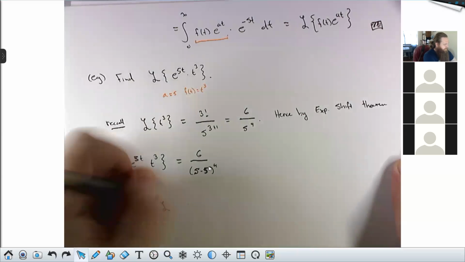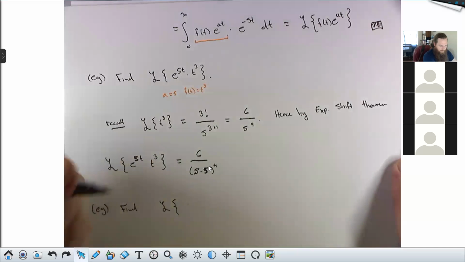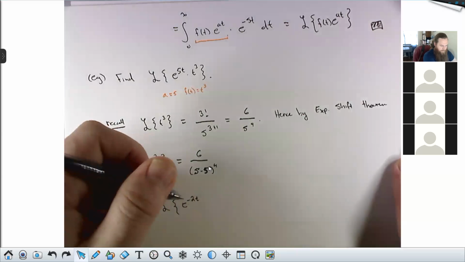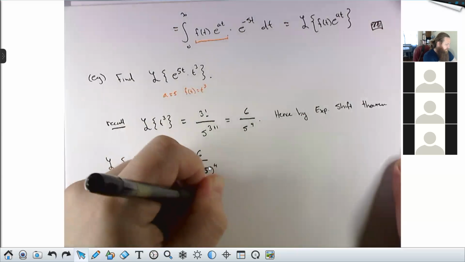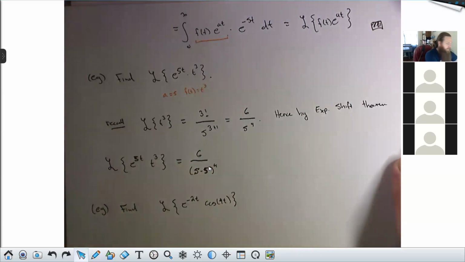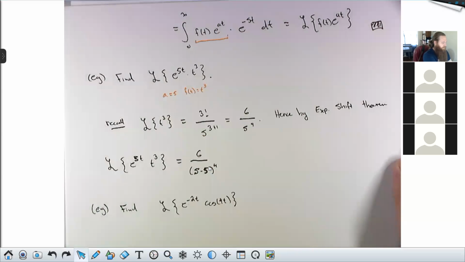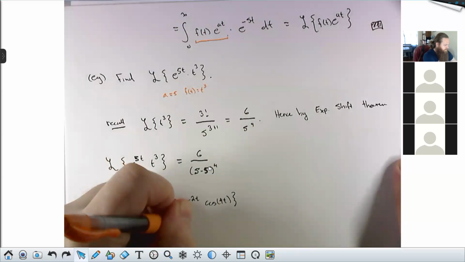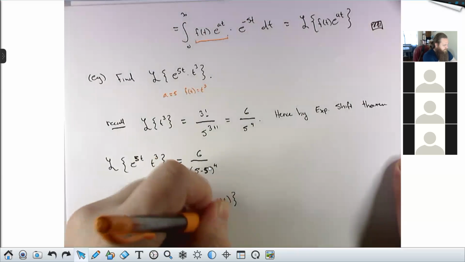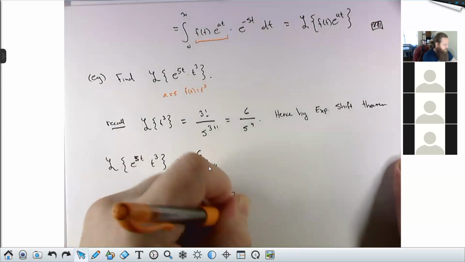So let's find the Laplace transform of e to the negative 2t times the cosine of 4t. And as we did before, I'm going to identify a and f of t. So a comes from this exponential here. a is negative 2. And f of t, little f of t, is cos 4t.